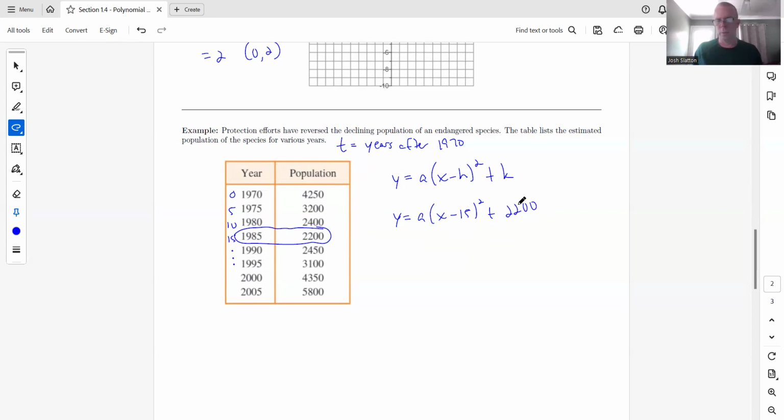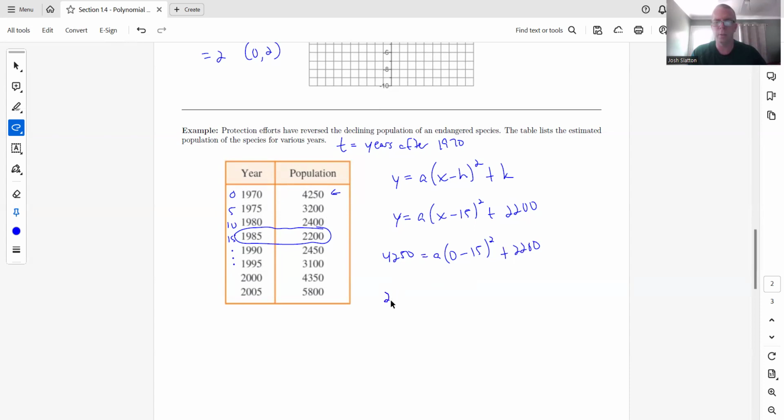And so now just pick another point, plug it in for x and y. You pick any of them. We'll just pick this first one. So y would be 4250, and x is going to be 0. And now we can just solve for a. So let's bring that over.